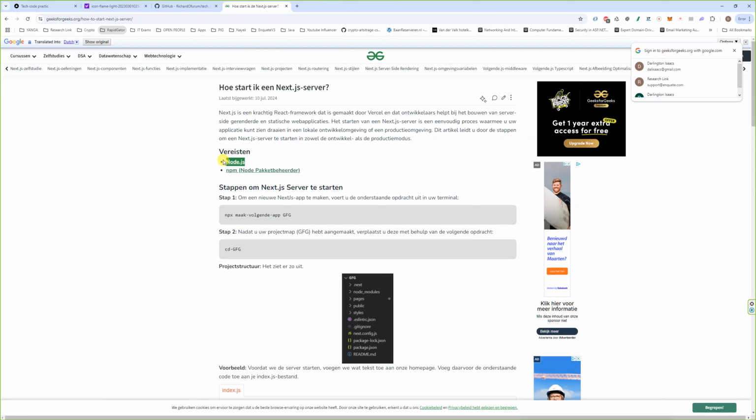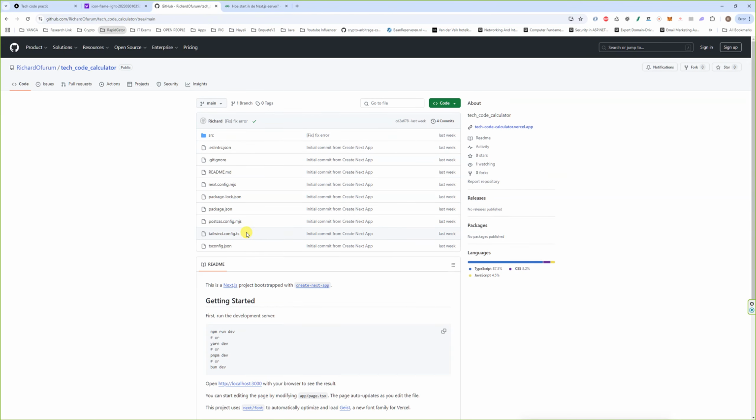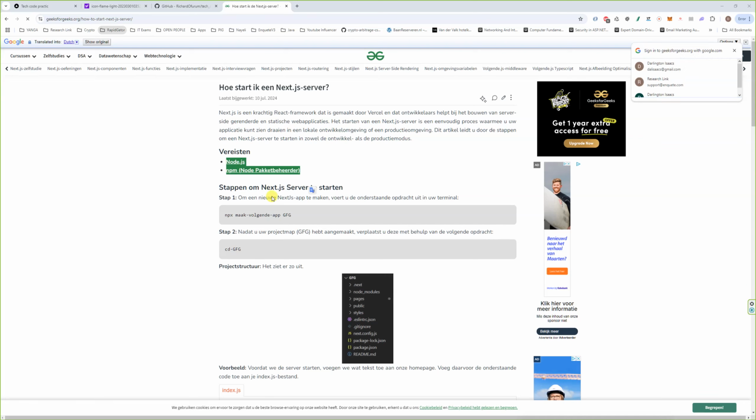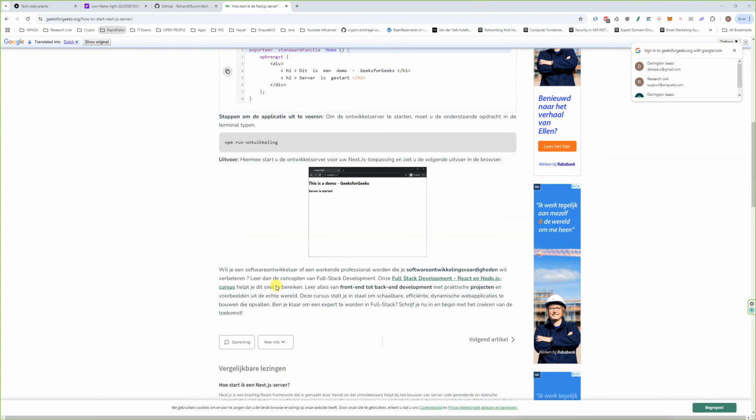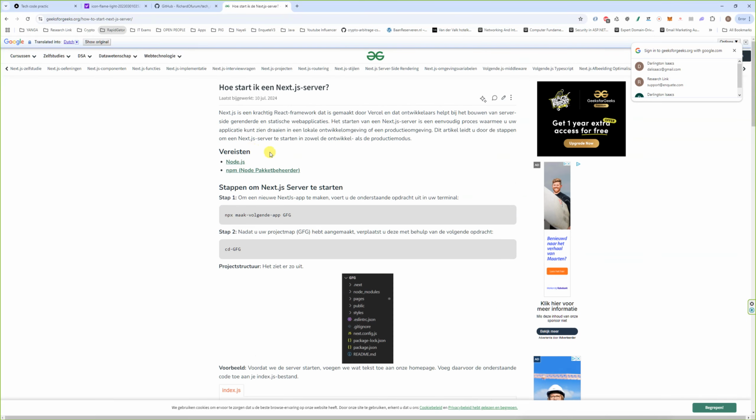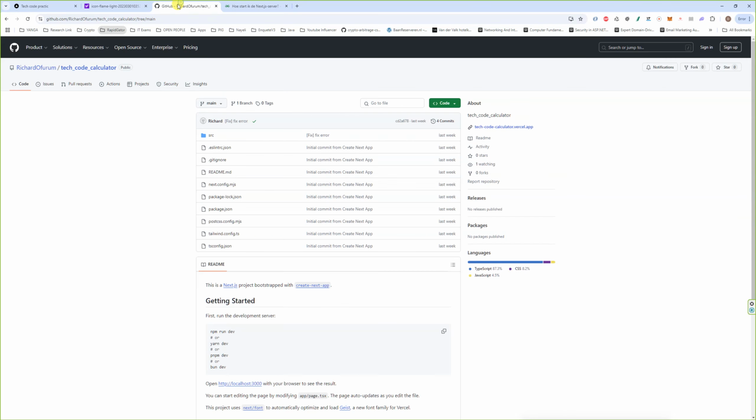Once you have these two on your computer, then you can download this code and run it on your computer. And how do you run it? There's a command for running it. You can just do npm run dev, and it will start working as long as you have these two installed on your computer.